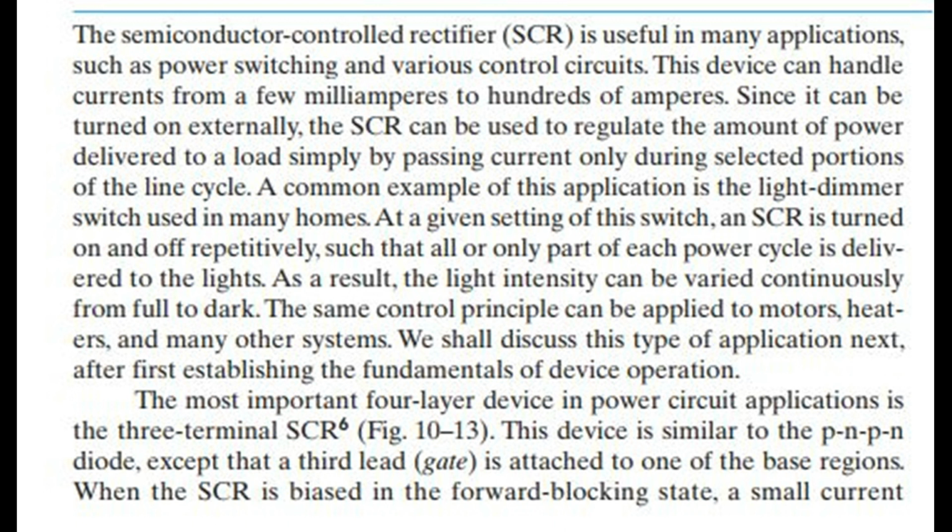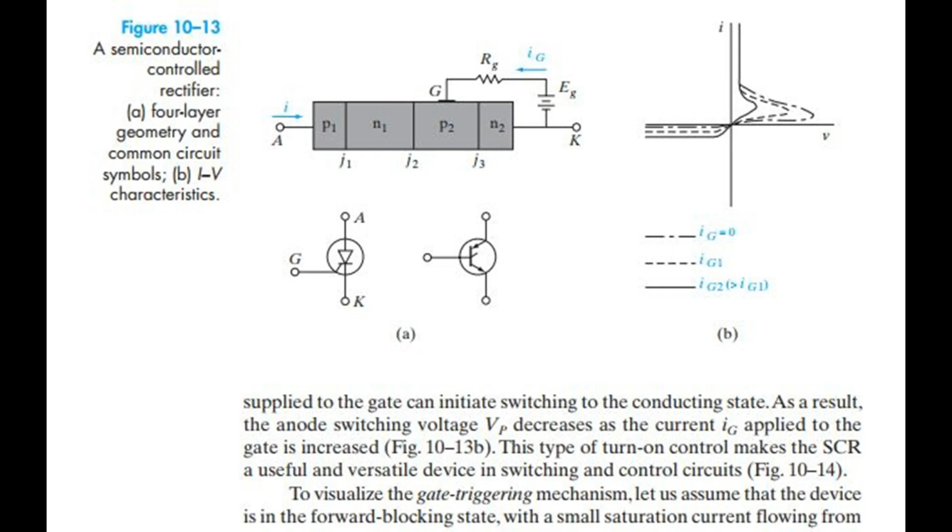The most important four-layer device in power circuit applications is the three-terminal semiconductor-controlled rectifier, Fig 10.13. This device is similar to the PNPN diode, except that a third lead, gate, is attached to one of the base regions. When the semiconductor-controlled rectifier is biased in the forward blocking state, a small current supplied to the gate can initiate switching to the conducting state.